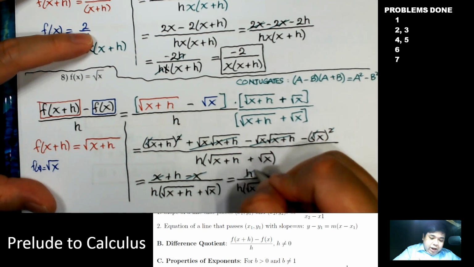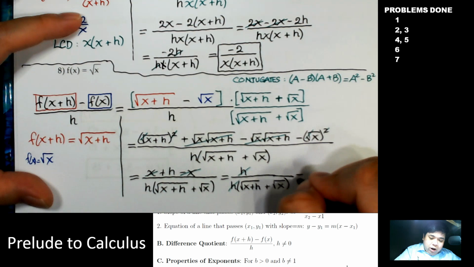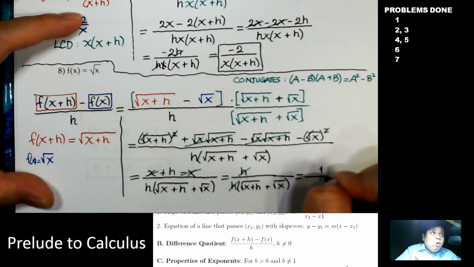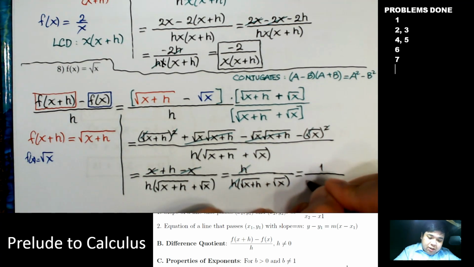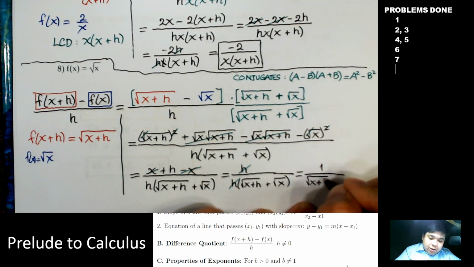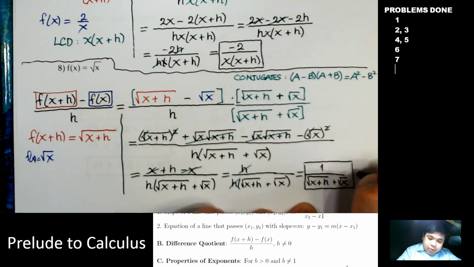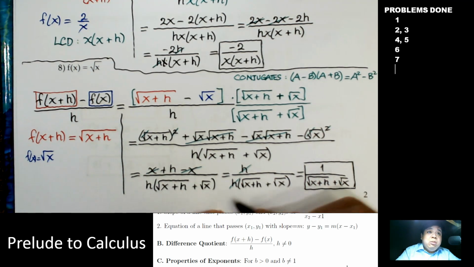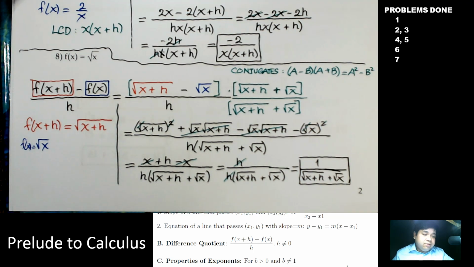And cancel out the h. We will have 1 over pretty much that. So when we simplify the h, we still have 1 on the top. So it's still a fraction. Right. So that was 8.